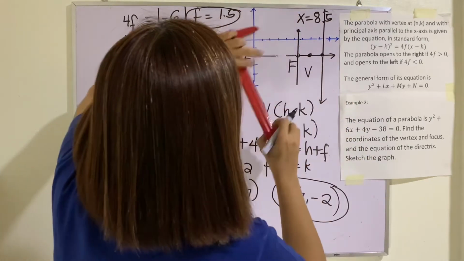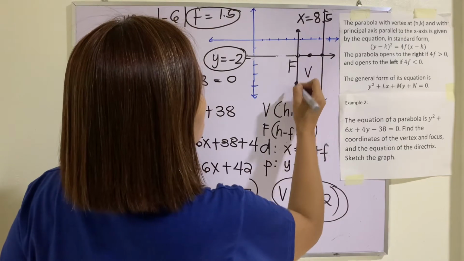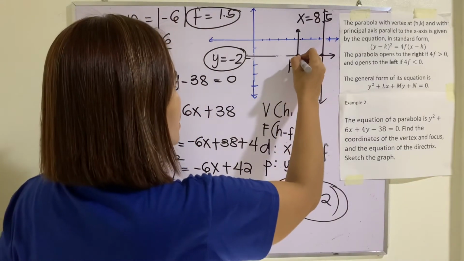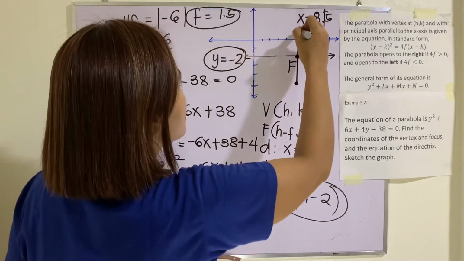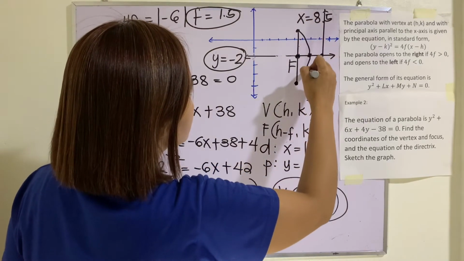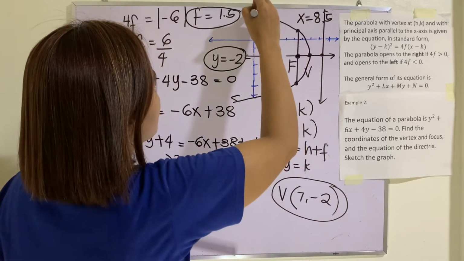This one is your latus rectum or the focal chord. So, how do I draw the parabola now? This one is your parabola.